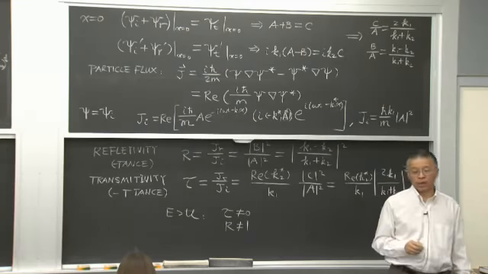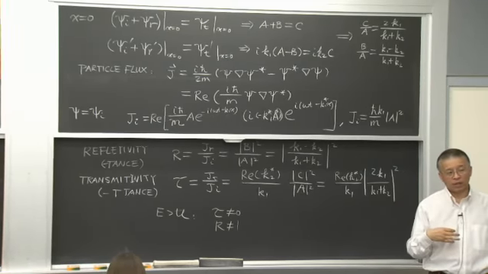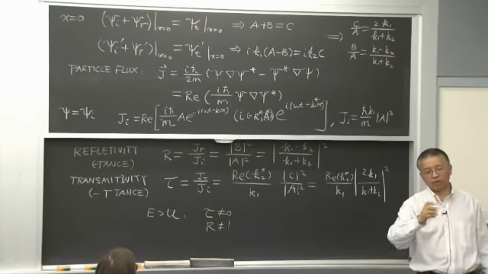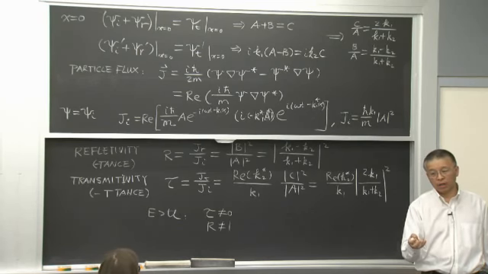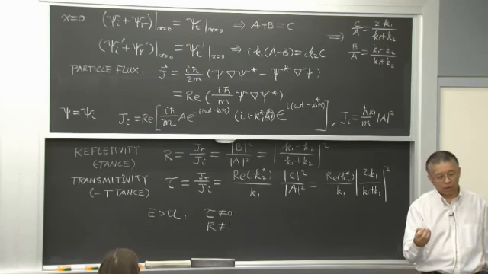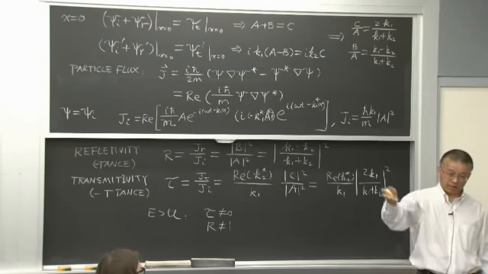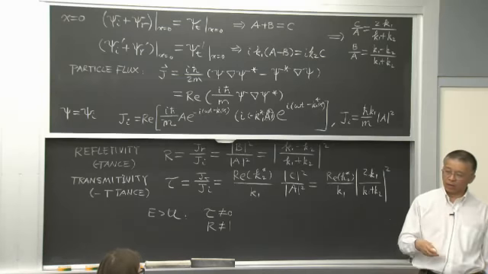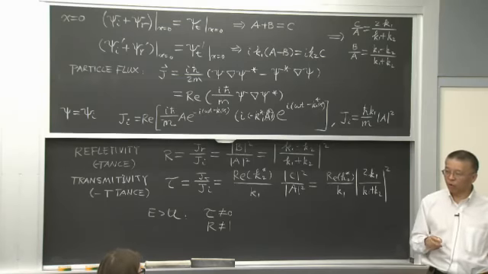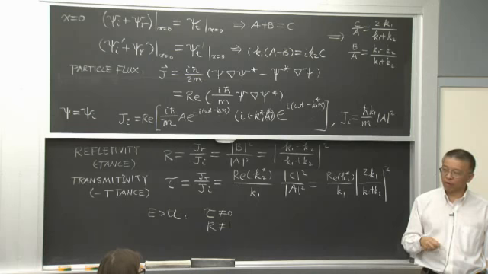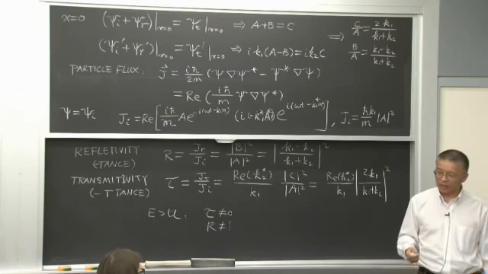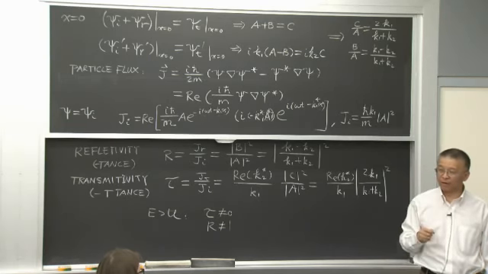So in this case, tau is not 0, and R is not 1. I have quantum reflection. Even if I throw an electron, even though you normally think of an electron as a particle, when it comes to an interface, it has reflection, even if the energy is higher than the barrier height. So next time you throw a ball over the wall, there's a finite probability it bounces back, even if you throw it higher than the wall.